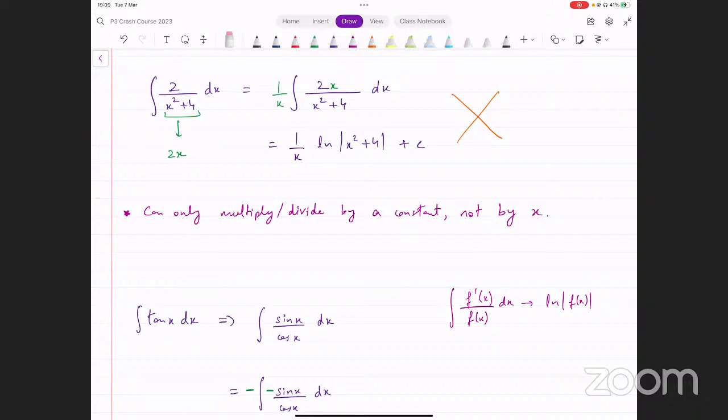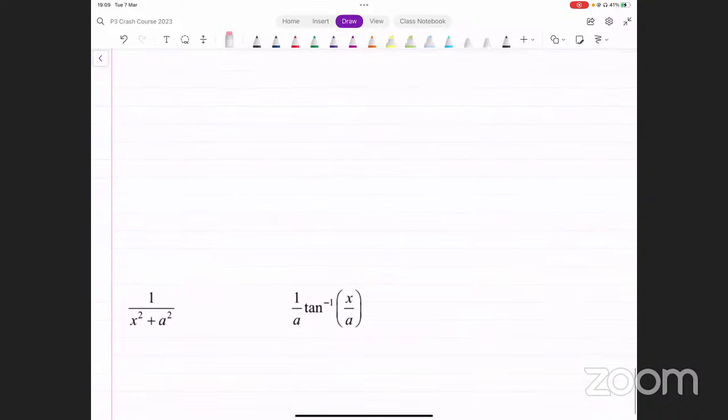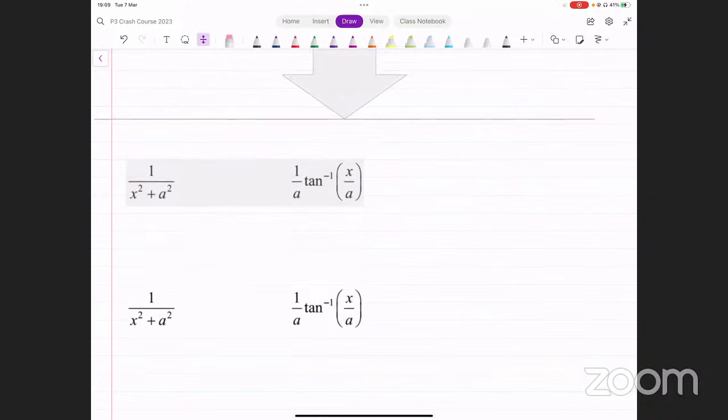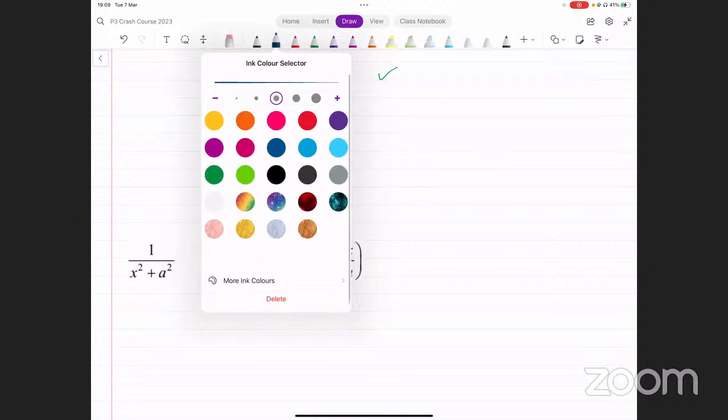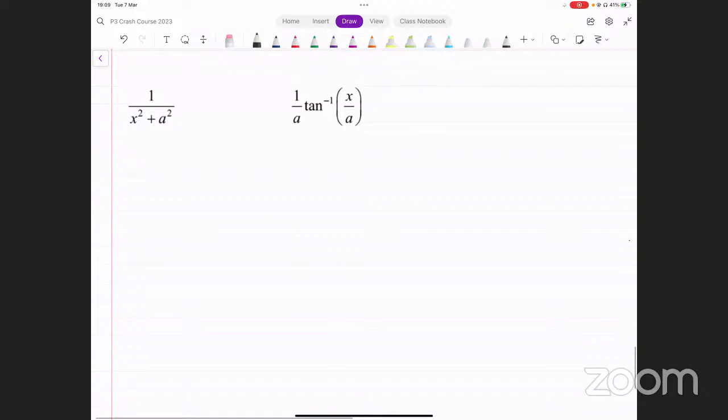Now let's move on and discuss the next rule, which is the rule for when something is in a form that can be converted to tan inverse. In the formula sheet, another rule that you're given is like this.